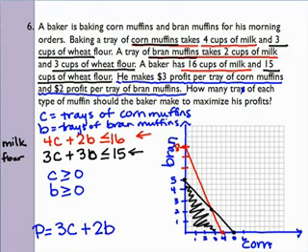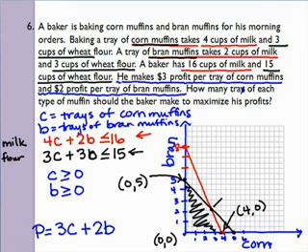Now you can see that this corner point is 0, 0. And this corner point is 4, 0. And this corner point is 0, 5.